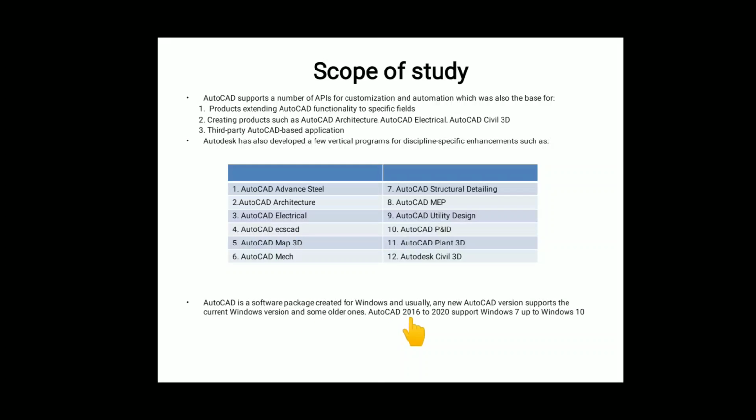AutoCAD 2016 to AutoCAD 2020 versions support Windows 7 up to Windows 10. It means that it is basically designed for a Windows application. Then you can use it from Windows 7, Windows 8, Windows 10 and so on.